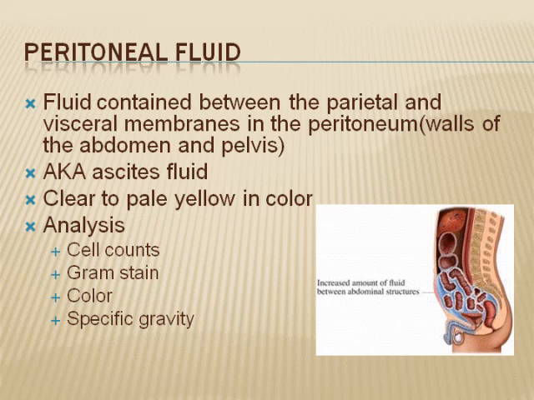And what we're going to look for here, again, are cell counts and a differential, Gram stain, probably a culture as well, looking for infection, the color, and the specific gravity. So there's a variety of different reasons why peritoneal fluid would accumulate. The one most notably that I would be thinking of is probably cancer.